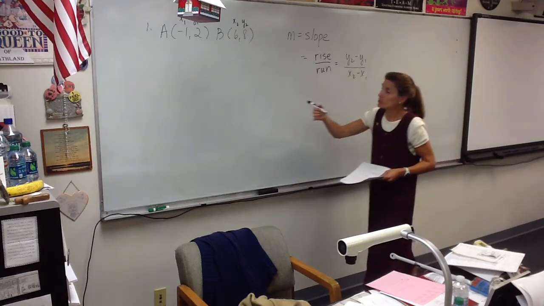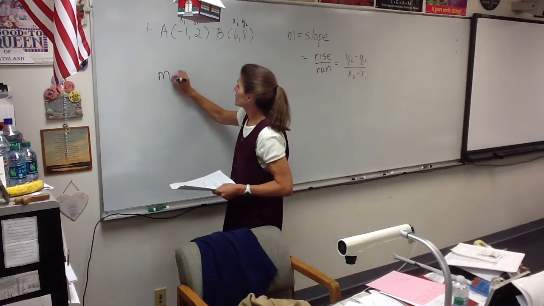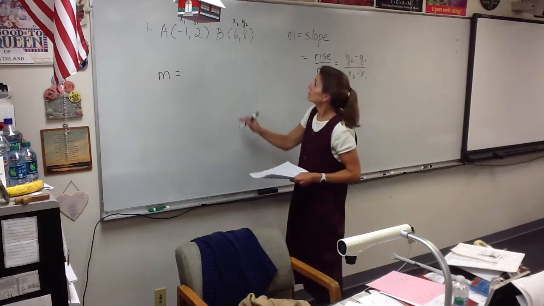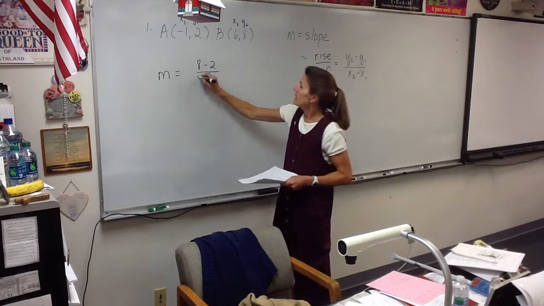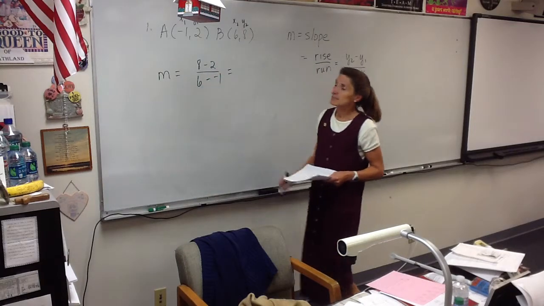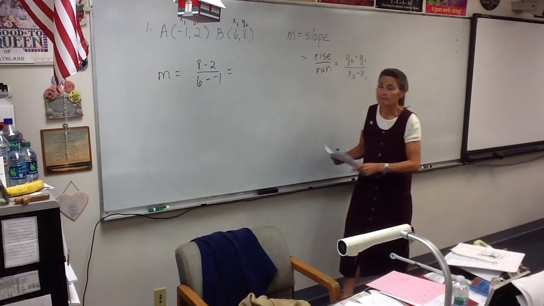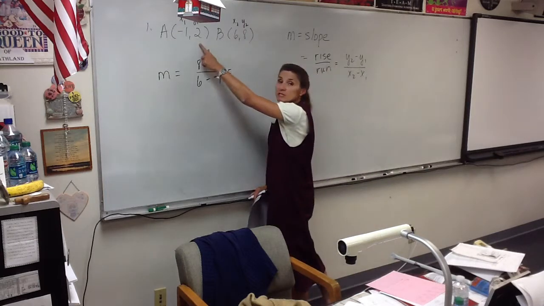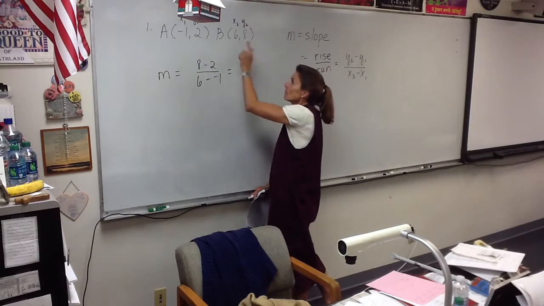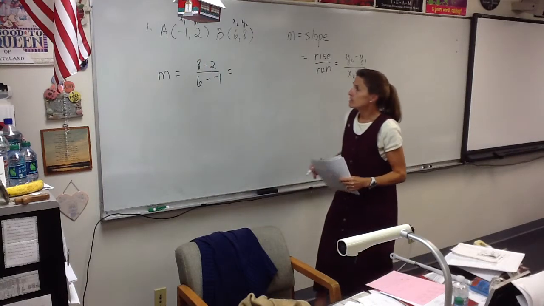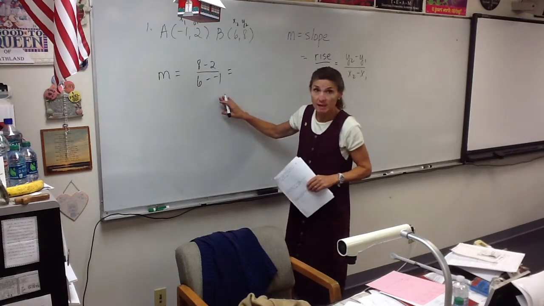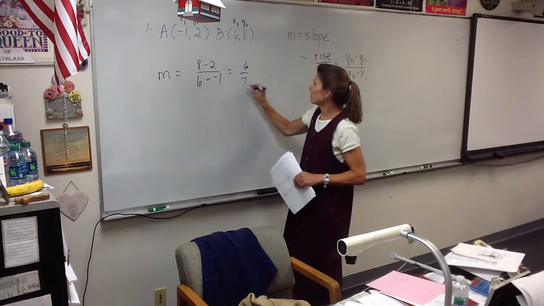So according to the slope formula, to find the slope, I will take 8 minus 2 and divide it by 6 minus negative 1. Y minus y over x minus x. So the slope of this line is 6 over 7.